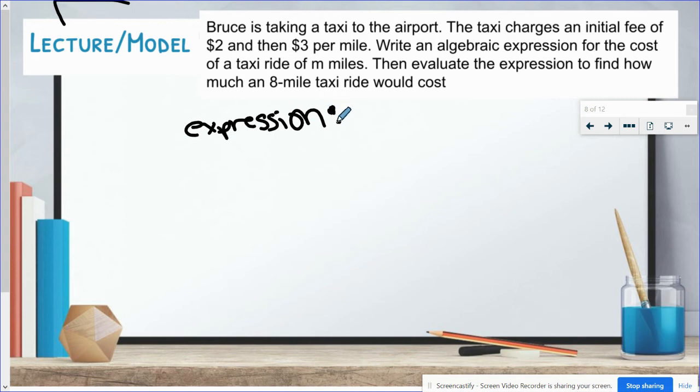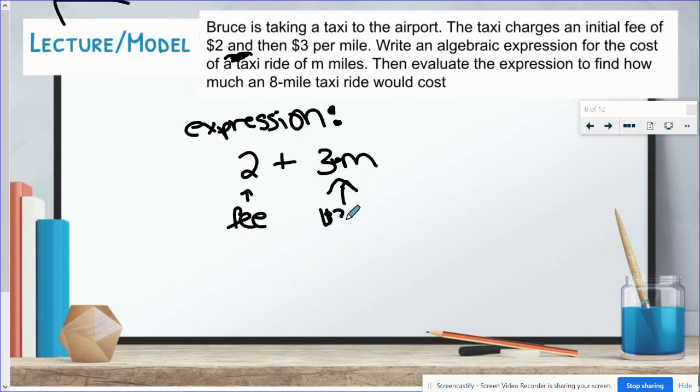So this expression would be the $2 fee, and then "and" is going to mean we're going to add $3 per mile, which we can represent as 3m, 3 times the number of miles. Remember, per and each are always going to mean multiplication. So the $2 is the fee plus the $3 per mile. So that is our expression, 2 plus 3m.